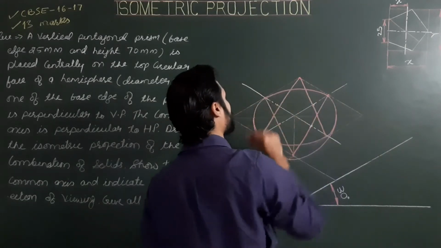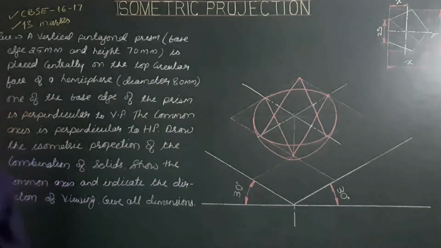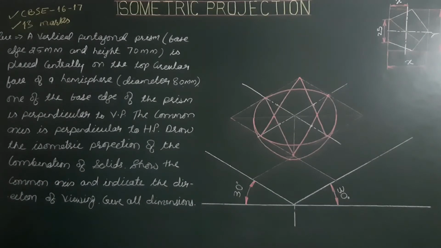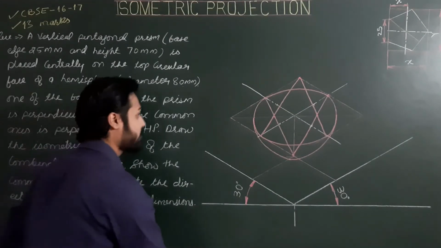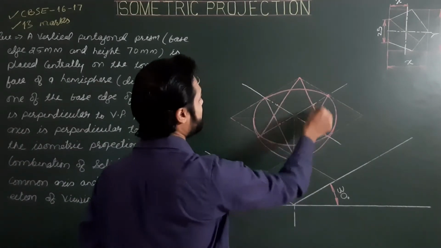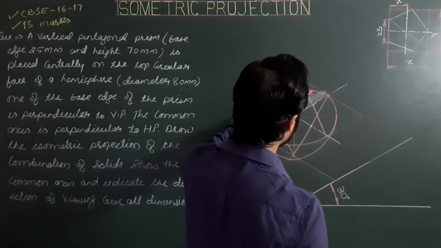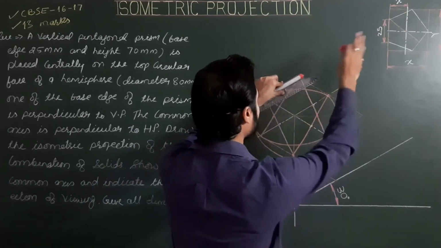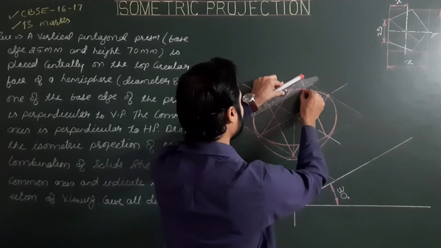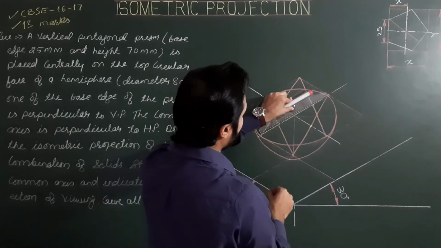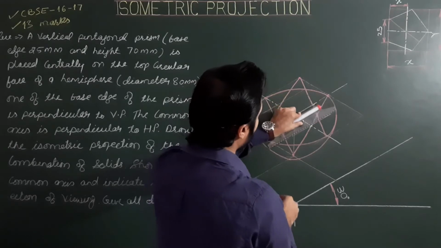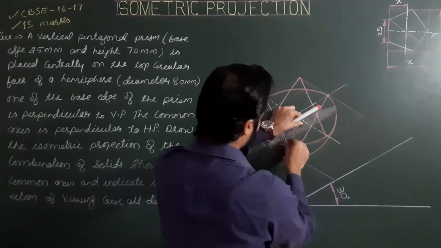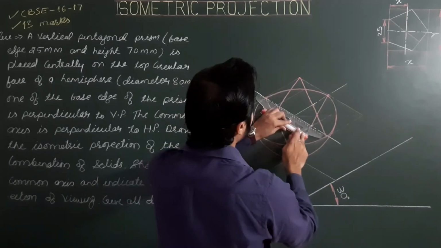Now we have all four corners of the helping figure. Next, we have to draw lines from all these points parallel to the first and parallel to the second isometric axis. Actually these lines are parallel and perpendicular to the first side, but here all lines are parallel to either the first isometric axis or the second isometric axis.